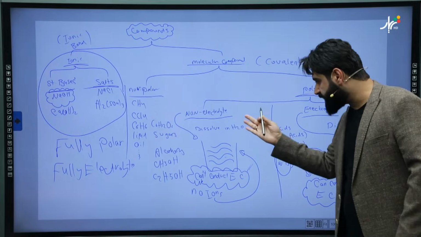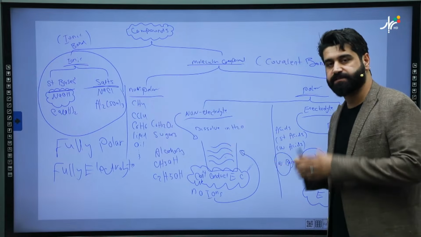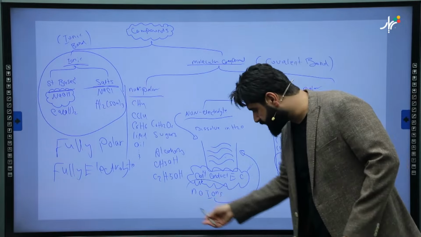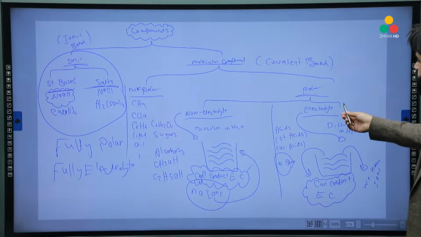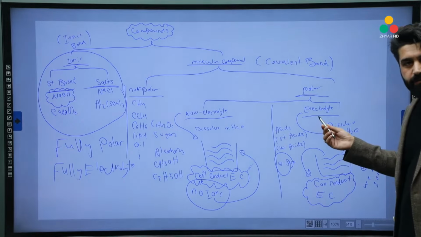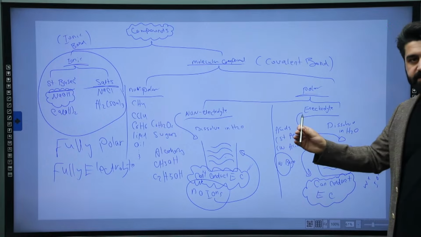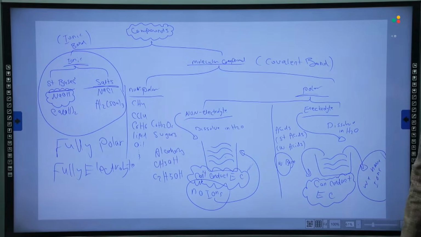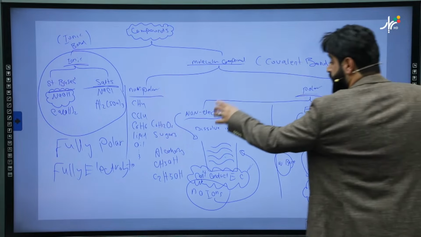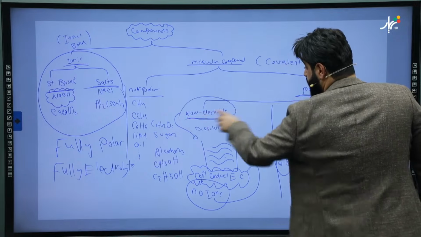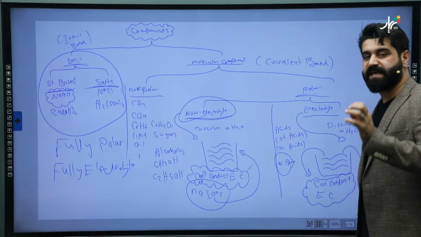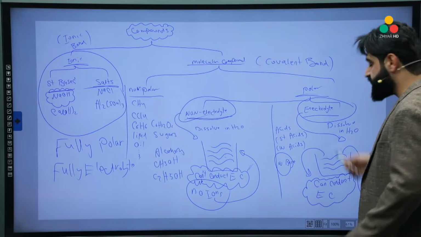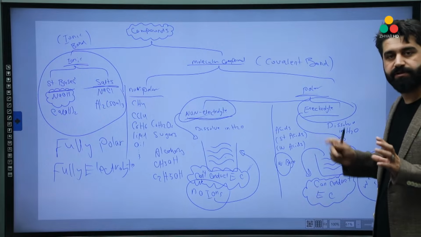Non-electrolytes can't conduct electricity because they don't have the ability to produce ions. But aqueous solutions of electrolytes can conduct electric current because they can produce ions. That's the difference.